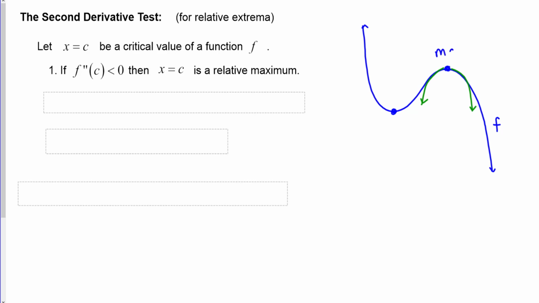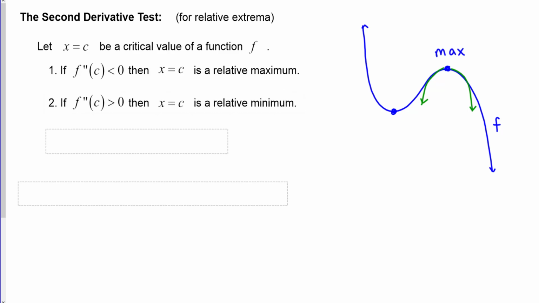That point has to be a relative maximum. Similarly, if the second derivative happens to be greater than 0 at that point, then you're on an interval that looks like a parabola opening upward, and therefore that would be a relative minimum. So it's just using the concavity to label that rather than increasing versus decreasing.